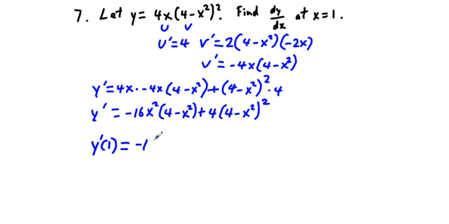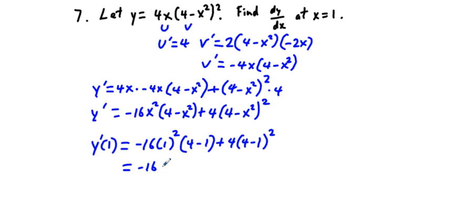That equals negative 16 times 1 squared times (4 minus 1) squared, which is... 4 minus 1 is 3, so negative 16 times 3, plus 4 times (4 minus 1) squared, which is 3 squared, which is 9.